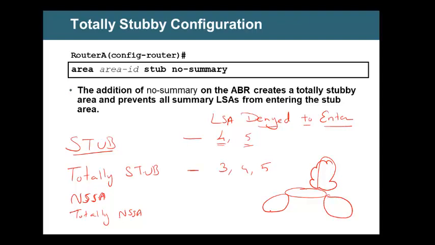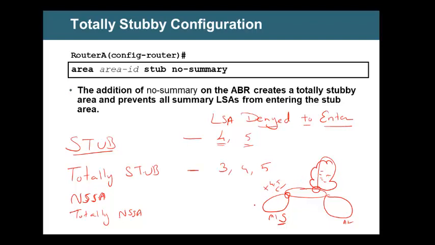Let's say area 1, area 2, and here is an ABR. When you make this area a stub area, this router ID is type 4, and the networks of this cloud are type 5. 4 and 5 denied.